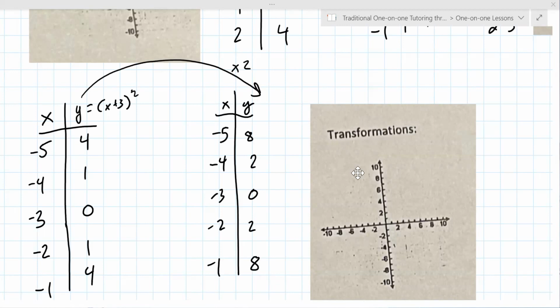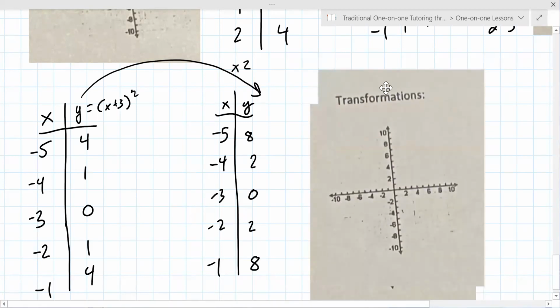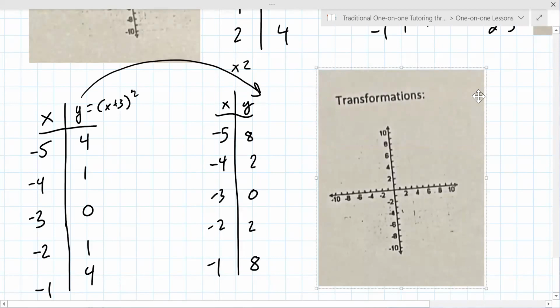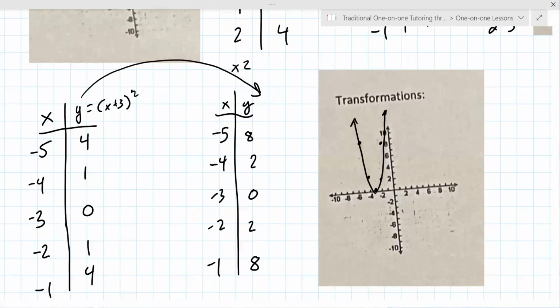All right, so the transformation here is going to pull everything up, but we're still going to graph the data points. So it's -5, 8. I already got that. I'm just putting down the transformation. Excellent. Be done before you know it.